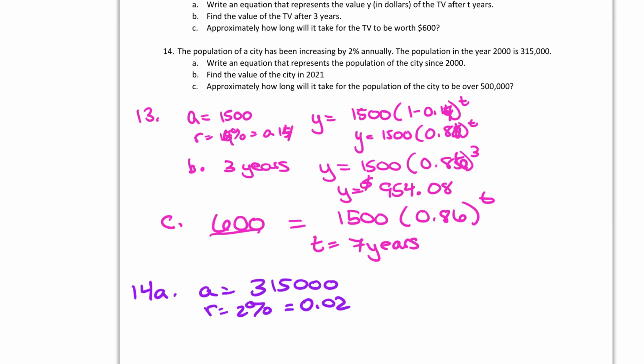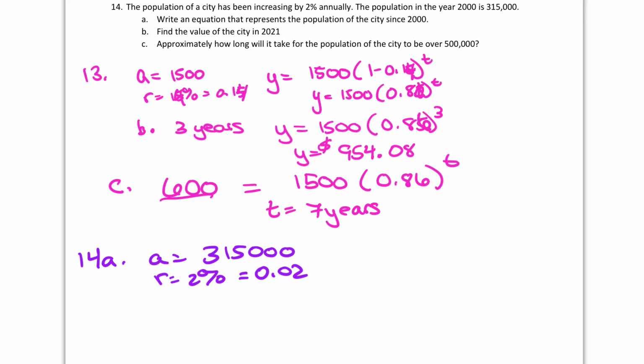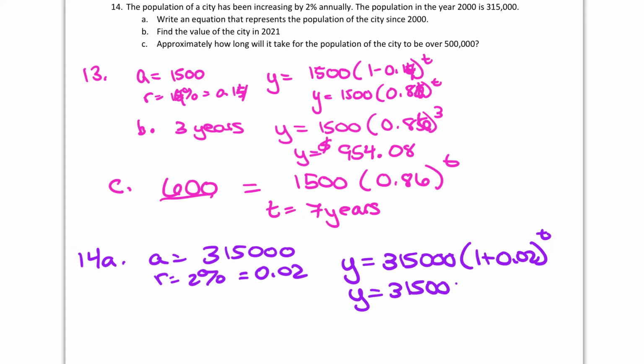And since it's increasing, it's a growth question. So our equation is y is equal to 315,000 times 1 plus 0.02 to the t. So then we have y is equal to 315,000 times 1.02 to the t power.